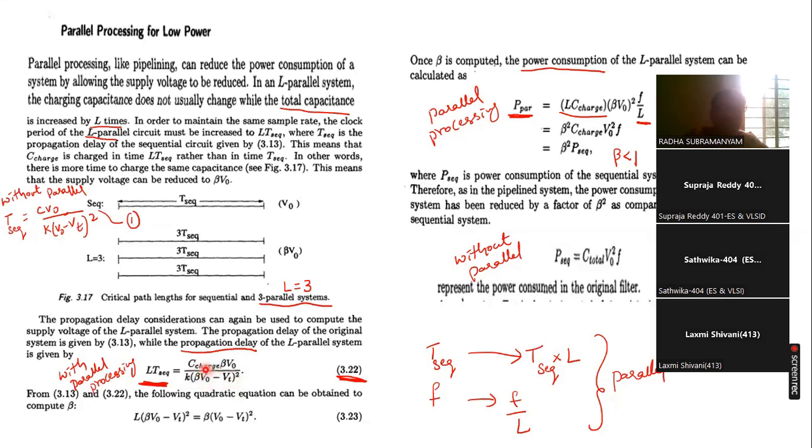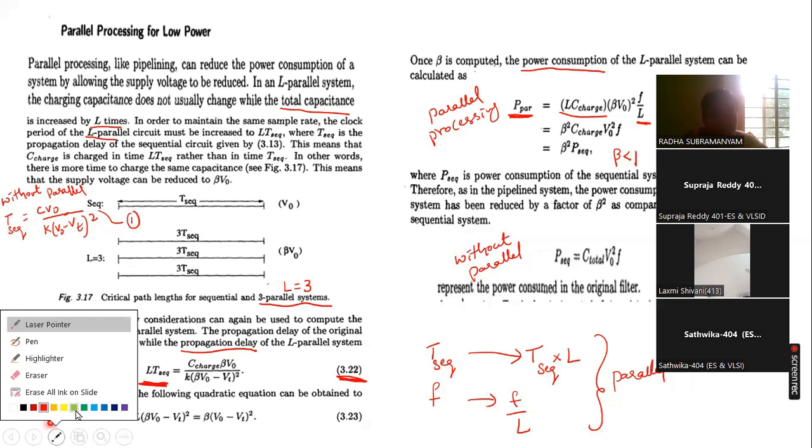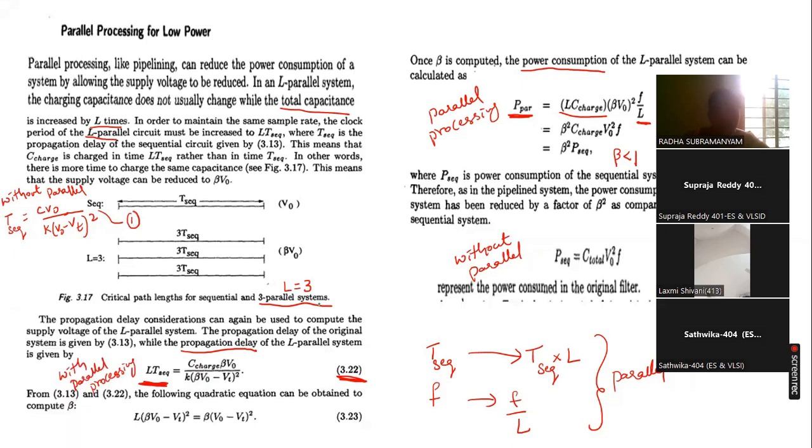In the numerator we have C into beta V naught. And here on the right side, it is C into V naught by K into V naught minus VT whole square. You equate the RHS alone. So the next equation 3.23 will come.